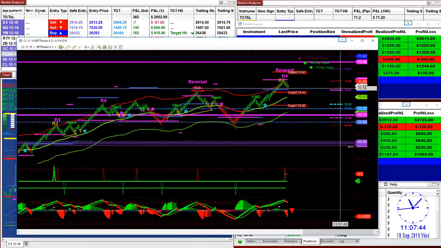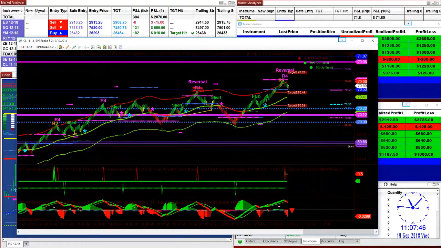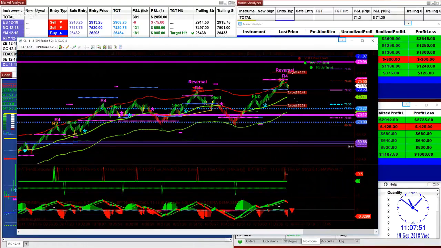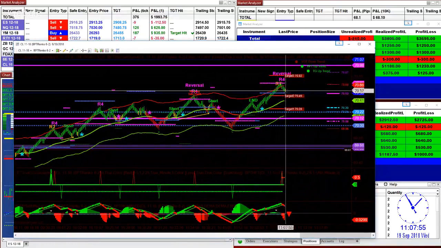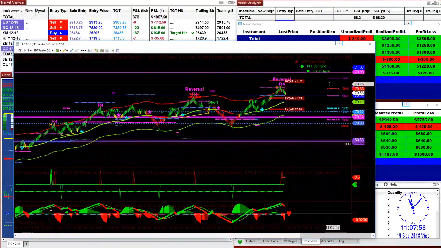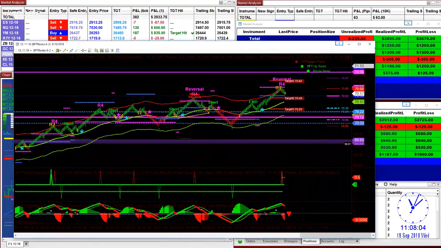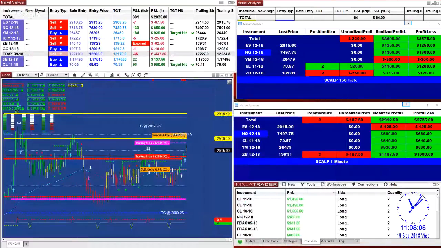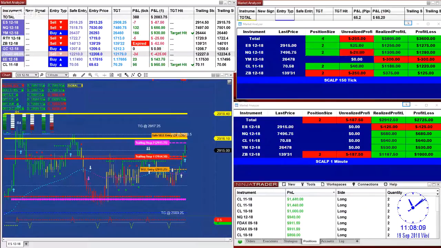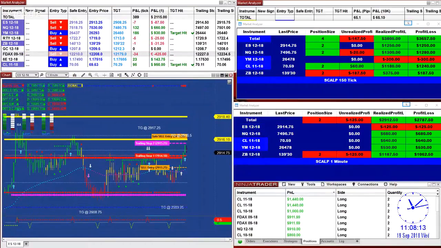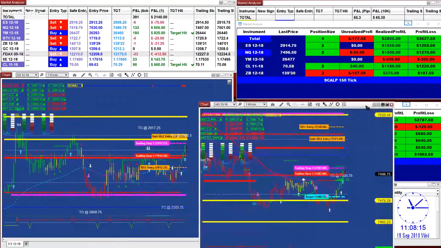If you've been following us every day, we said between 11 and 12 we get target one and target two, and we already did target one, target two. But I cannot call this one a reversal. If you want to take a reversal, it has to be somewhere around 70.95. If you want to take that reversal, it's on the sim only, and it will be a very good entry for a reversal.